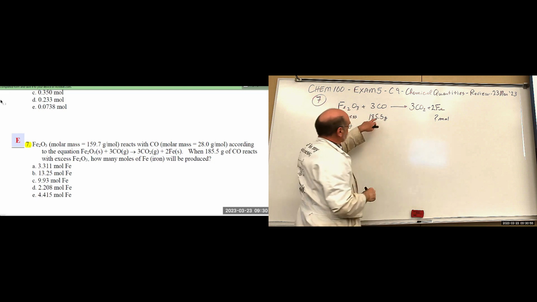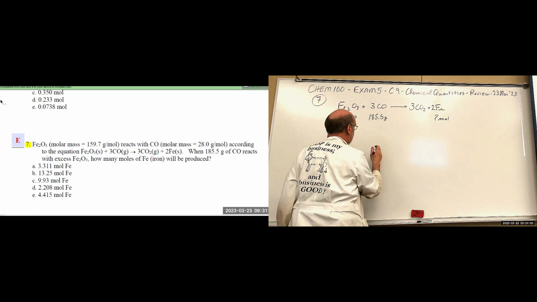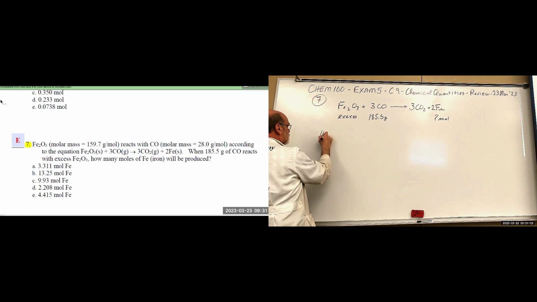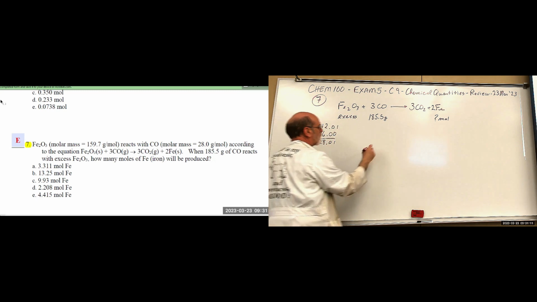Right? So we have to calculate the molar mass of carbon monoxide, which should be 16 for oxygen and 12.01 for carbon. 28.01.